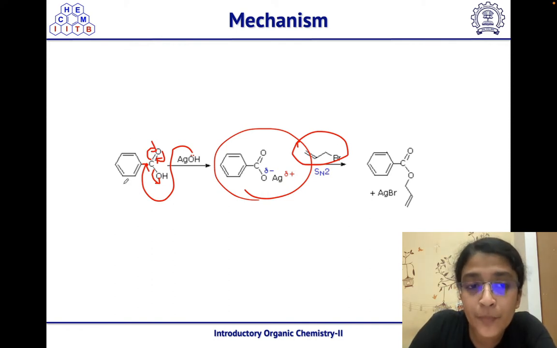Here we are having benzoic acid. AgOH is a nucleophile.